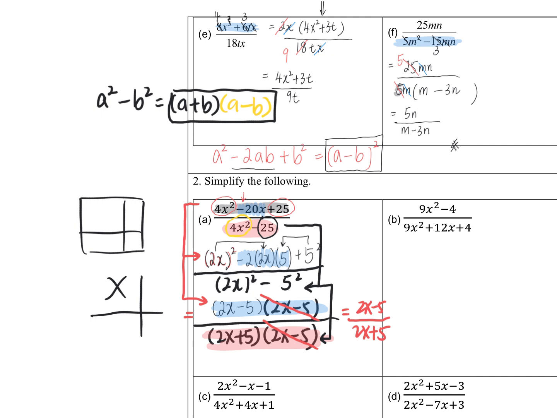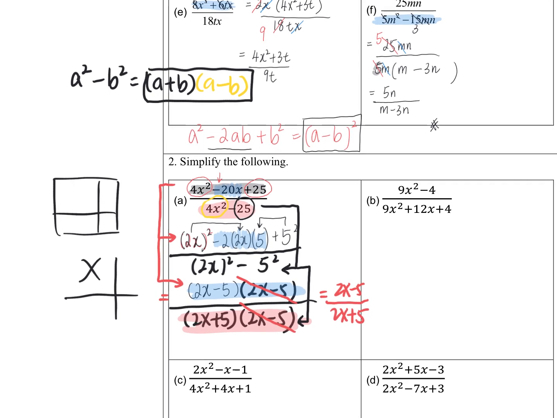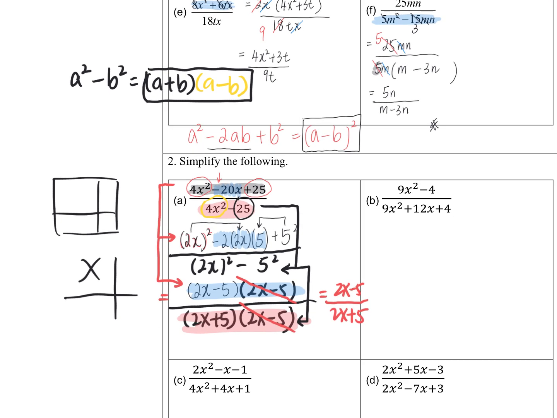So sometimes they can give up to 4 marks. Sometimes they are a bit stingy. You change this to this, 1 mark. You change this to this, 1 mark. Final answer, 1 mark, so 3 marks. So they are testing your chapter 3 skills in a fraction.